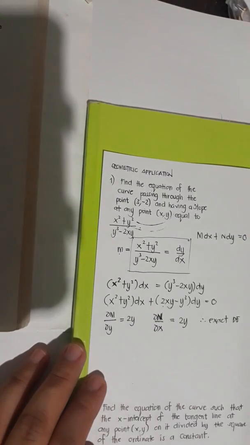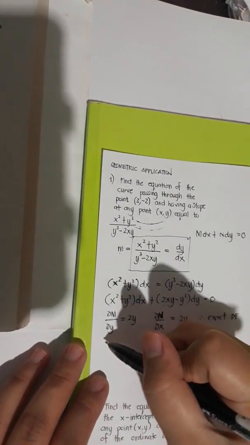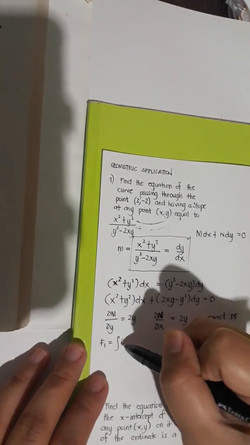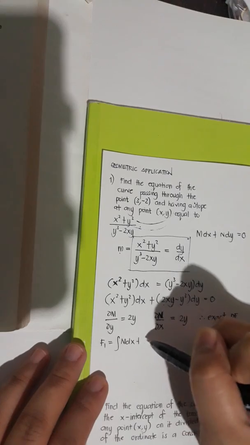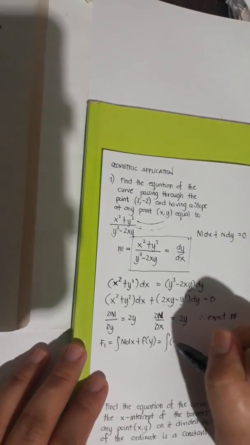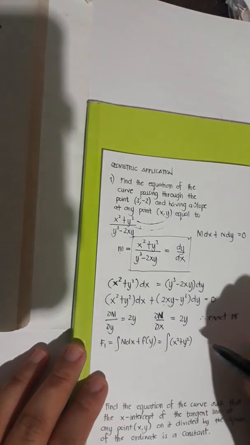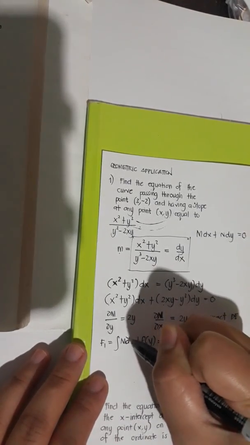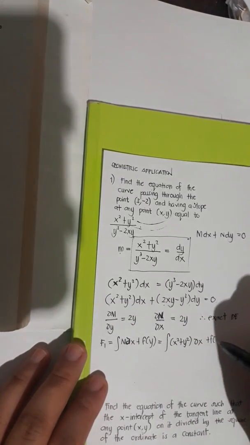For an exact DE, what we do is get F1, which is the integral of M dx plus f of y. So we have the integral of M, which is x squared plus y squared, partial differential x, plus f of y.